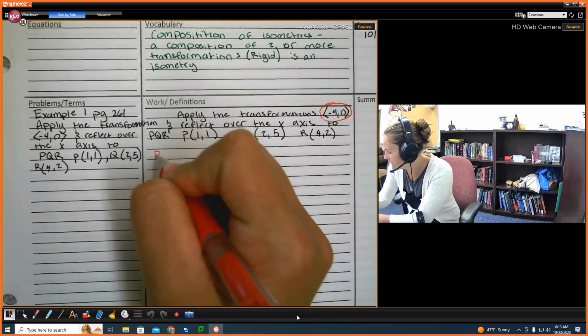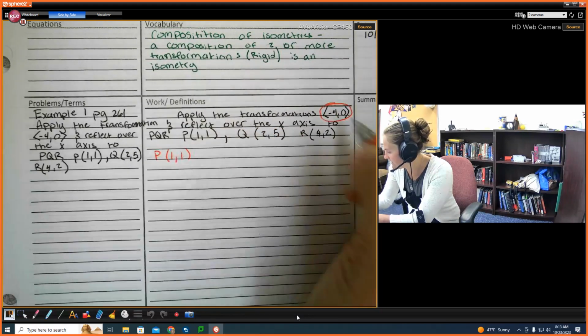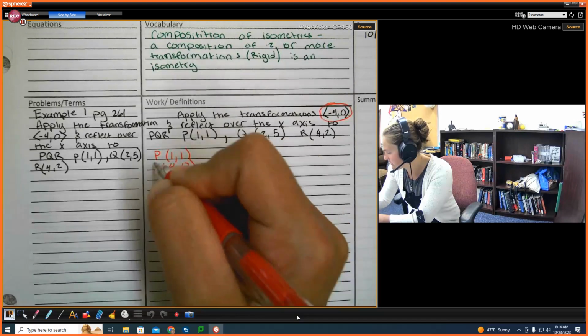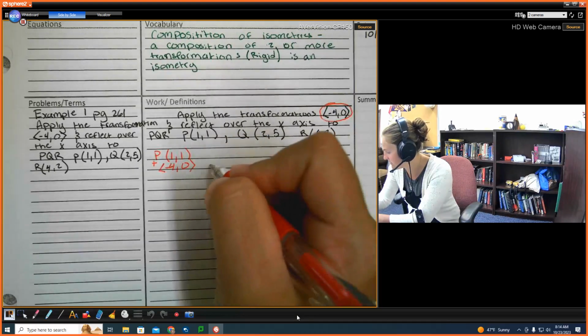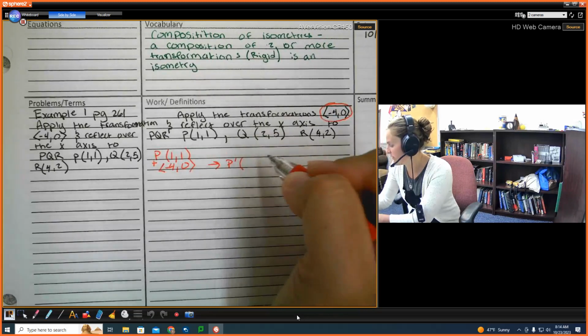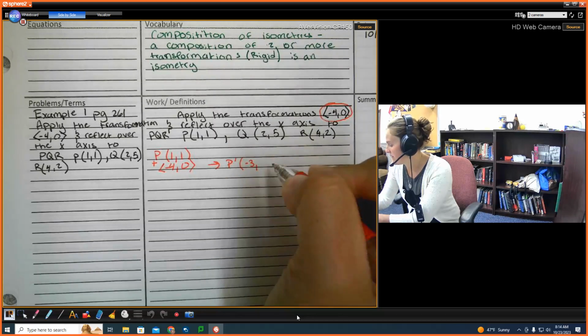So for P, we just take 1, 1, and we add the vector <-4, 0>. Okay, and that will make P prime. So what's 1 minus 4? -3. What's 1 plus 0?